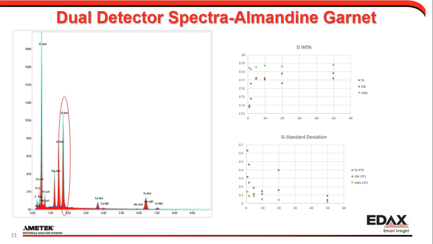At low count rates and short acquisition times, you have a lot of variation in the spectra, but as you count longer, that variation drops, the standard deviation decreases, and when we go to something like 50 seconds, we are closing in on the different count rates. So all this really shows is that the longer you count, the better statistics, the better results you get. And of course, if you have two detectors, to get the same statistics, you would only need to count half as long.